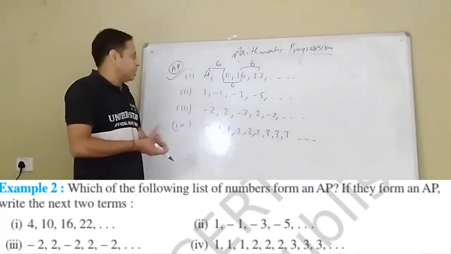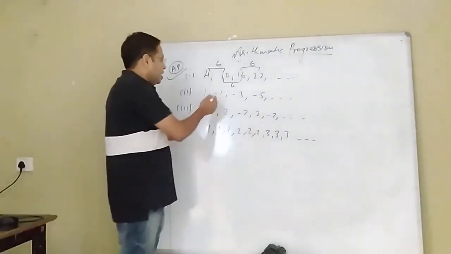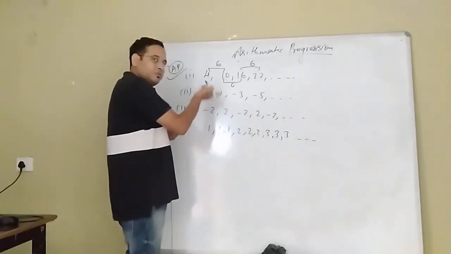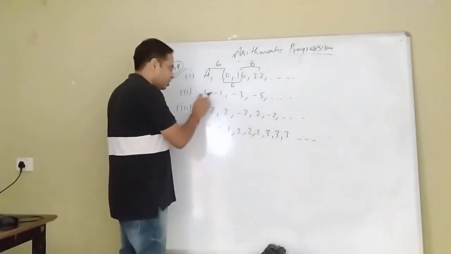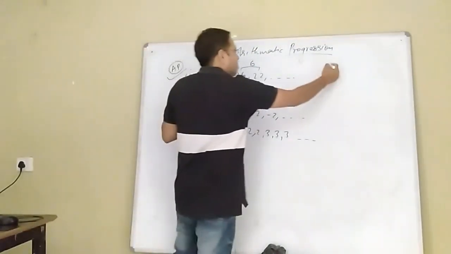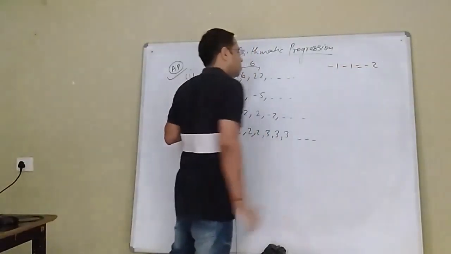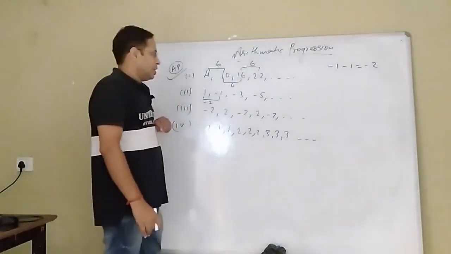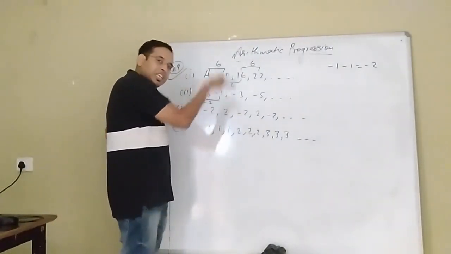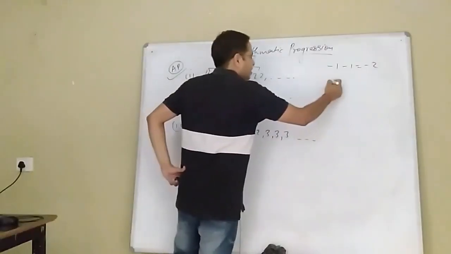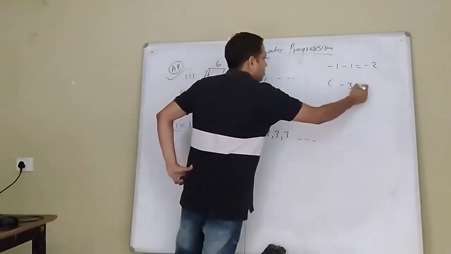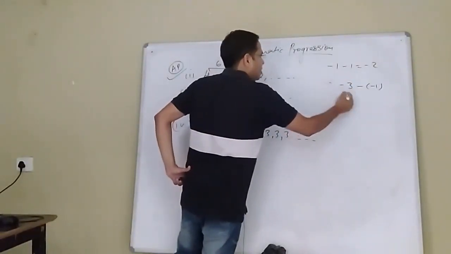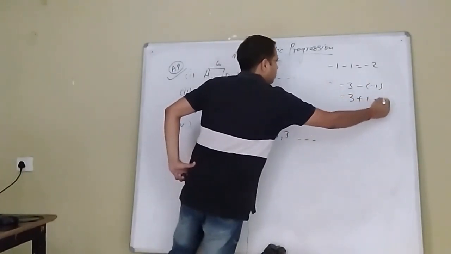Let's see for the second one. -1, subtract this from this, so what will we get? -1 minus 1 gives -2. Here we have got -2. Then -3 minus -1: -3 plus 1 is equal to -2.